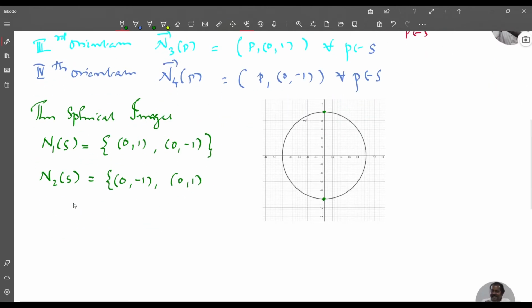While the spherical image corresponding to the orientation n3 of S is simply {(0, 1)}. That is this point. And the spherical image corresponding to n4, n4 of S, is the set {(0, minus 1)}.